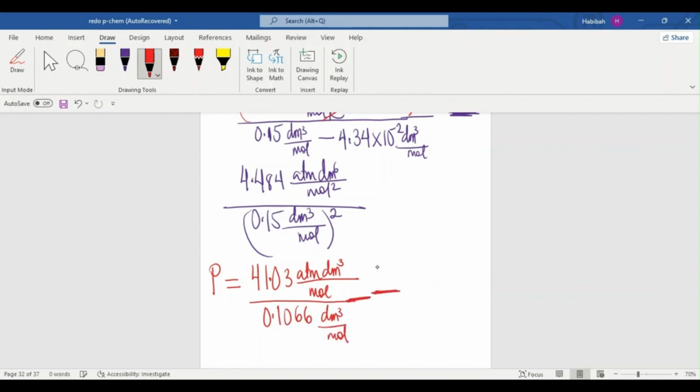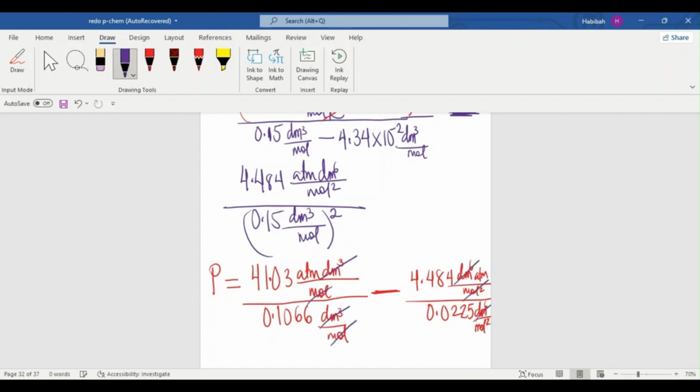Minus 4.484 dm6 atmosphere per mole squared divided by 0.15 dm cube per mole all squared, which would just be 0.0225 dm6 per mole squared. So cancel out dm cube, dm cube, dm cube, dm cube, mole, cancel out dm6, mole squared.